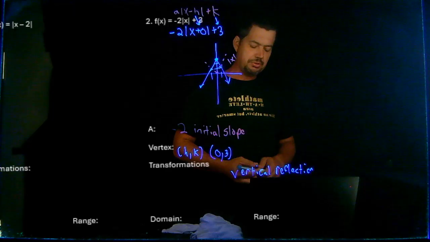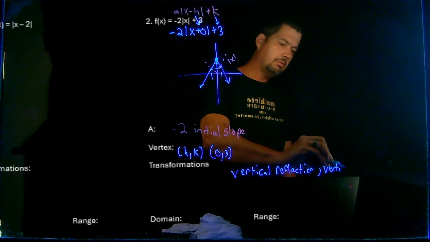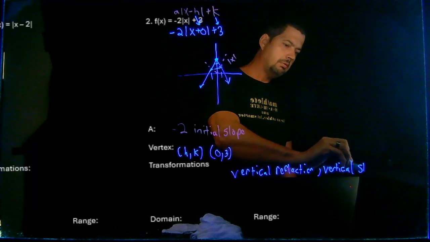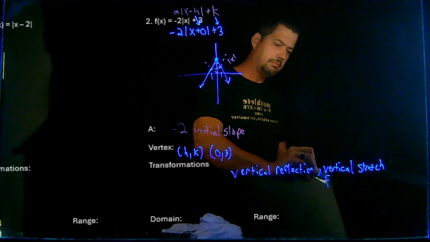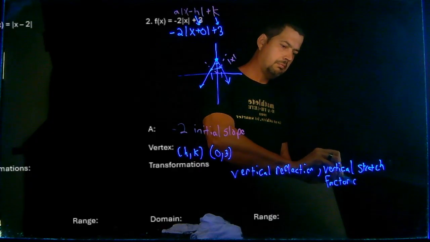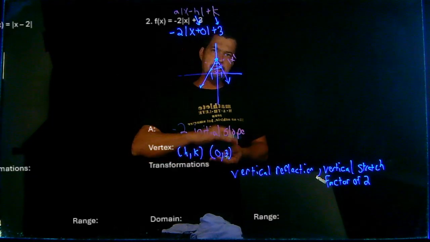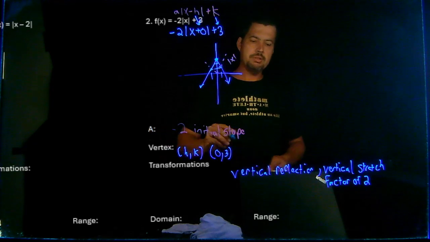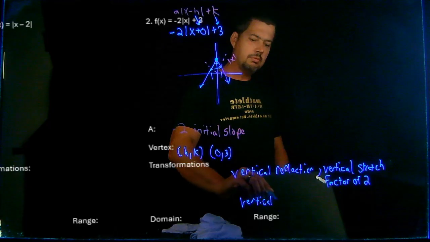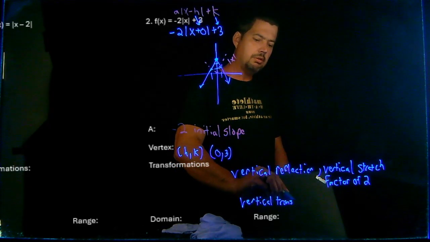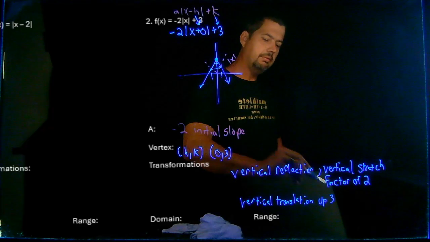So we do have a vertical stretch, factor of 2. And if you make a comparison to the parent, you'll see that this thing has been shifted up 3 units. So we have a vertical translation. This is also often called a shift, of up 3.